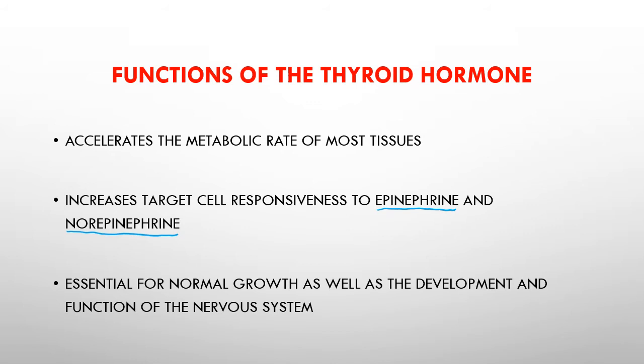Thyroid hormone is absolutely essential for normal growth and development, especially during the reproductive phase for the fetus. And so if mom has a low thyroid hormone, the thyroid hormone can cross the placenta, and so it's going to lead to the fetal thyroid hormone becoming low as well.